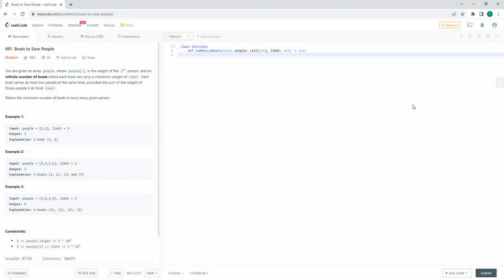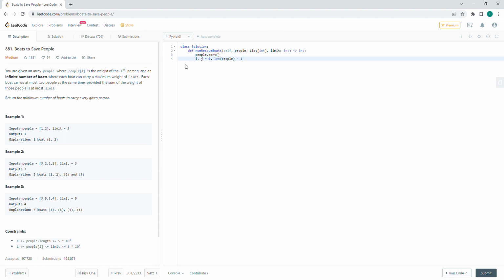So I'm going to use the greedy and two-pointer algorithm together, and the first thing we need to do is sort the people list. Then the next thing is to define i and j, the two pointers for the lightest and the heaviest. So i is index 0, and j is the last index, length of people minus 1.